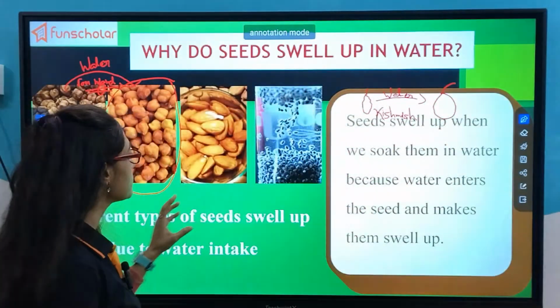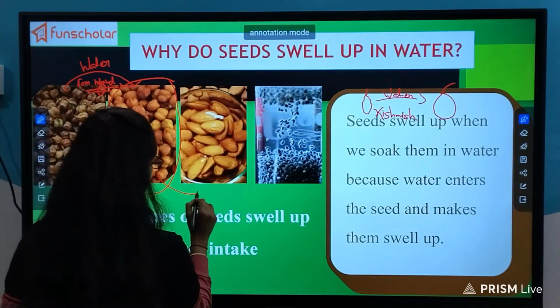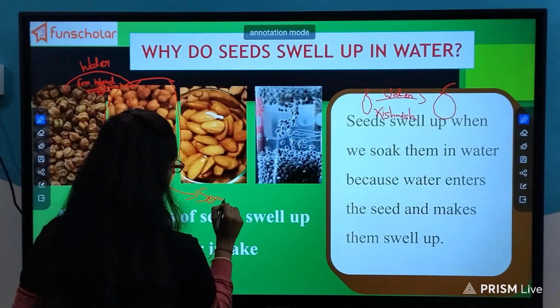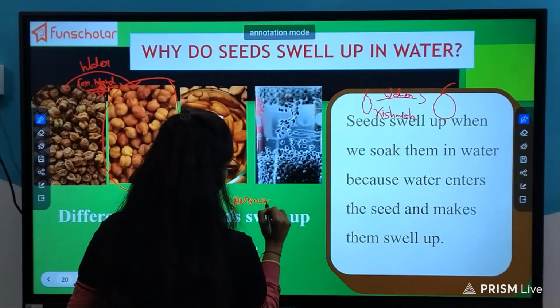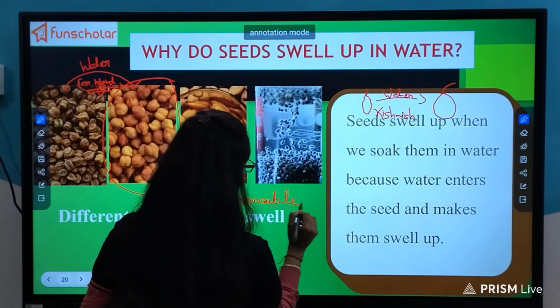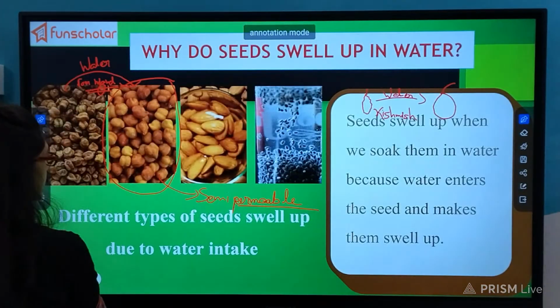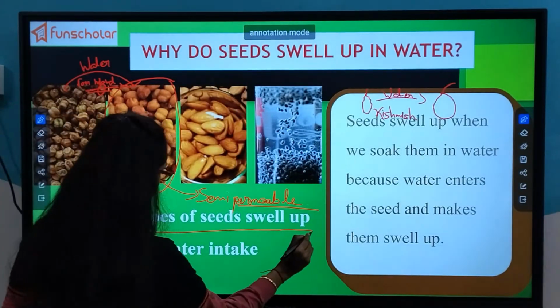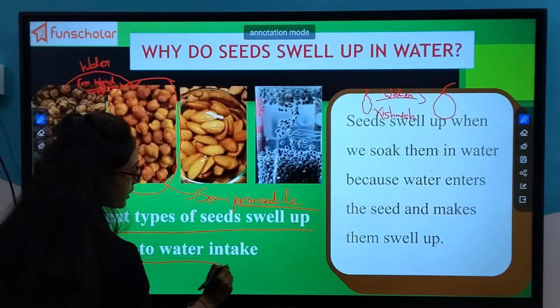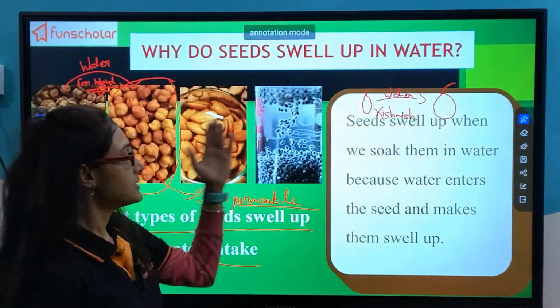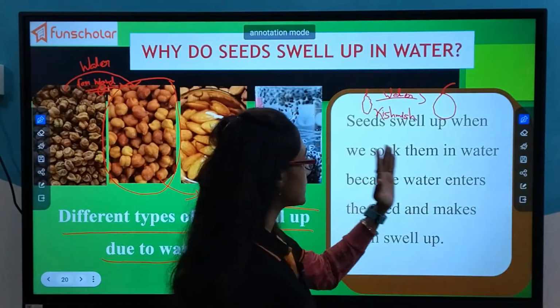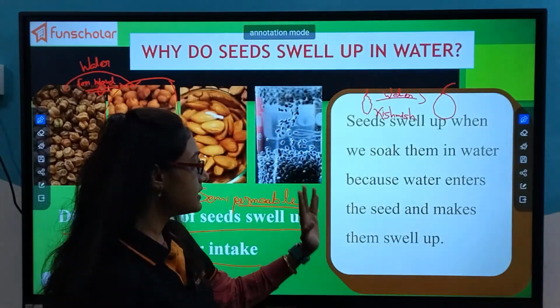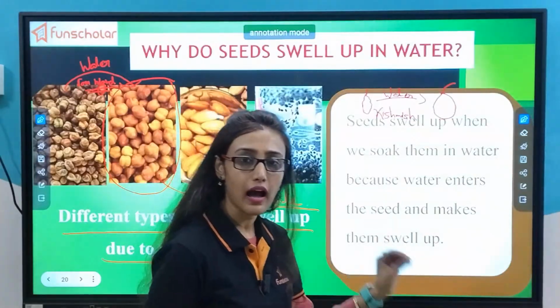So this seed coat is semi-permeable, that allows water to move inside the seed. Seeds swell up when we soak them in water because water enters the seed and makes them swell up.